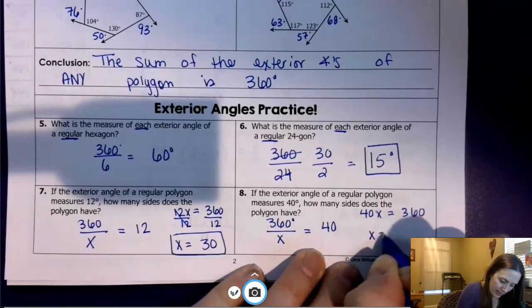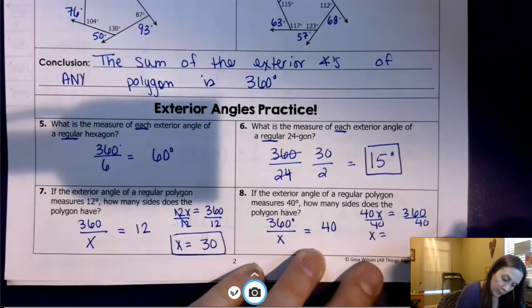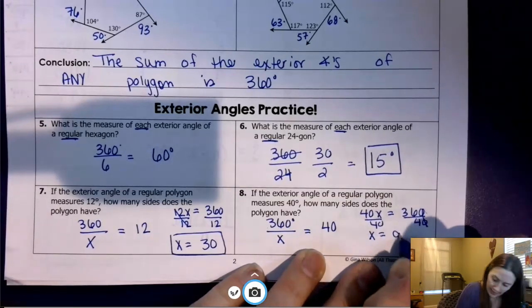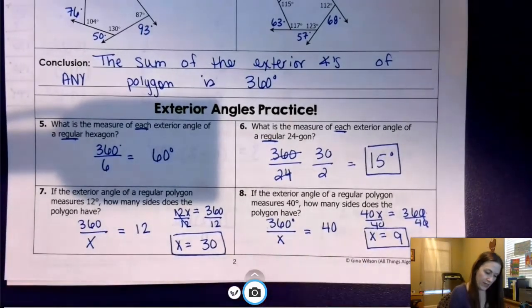Divide by 40, I get x equals, well, the 10 cancels out, 4 goes in there, 9. There we go. We have 9 sides of that polygon to get each exterior angle to be 40.